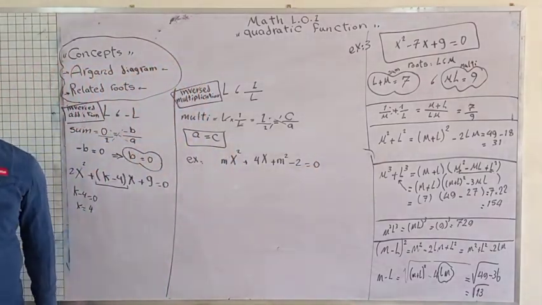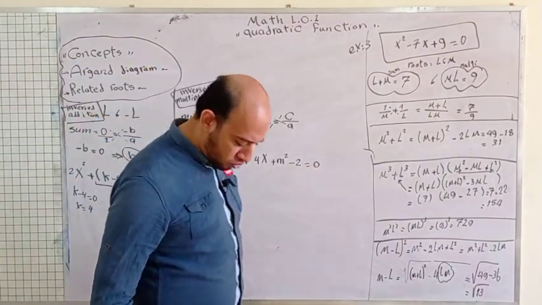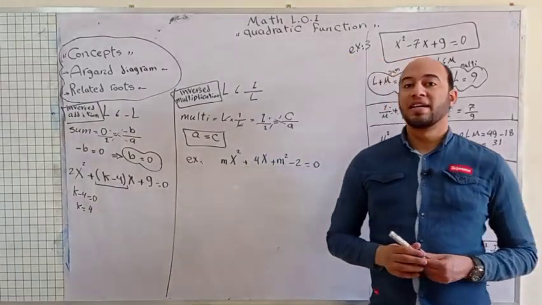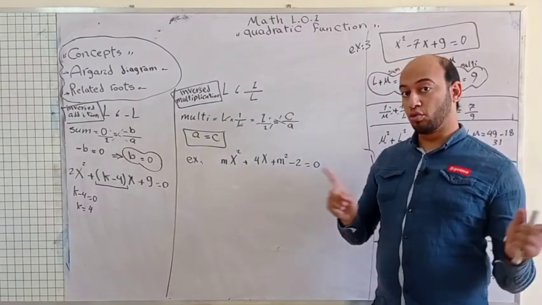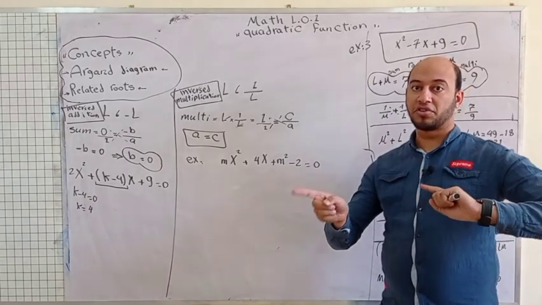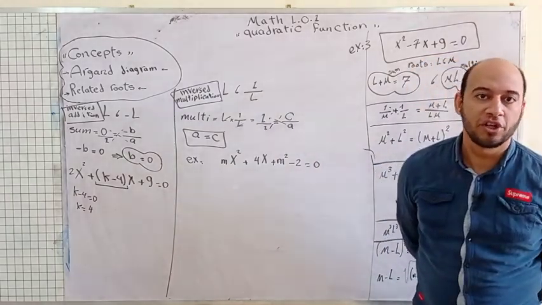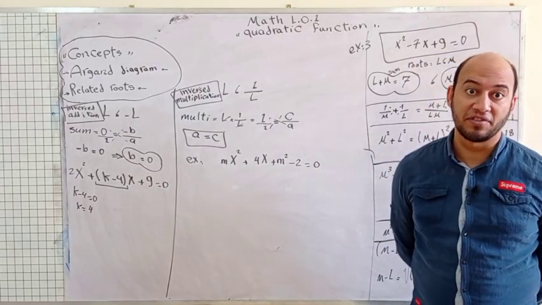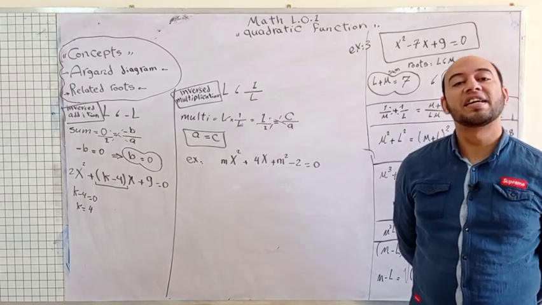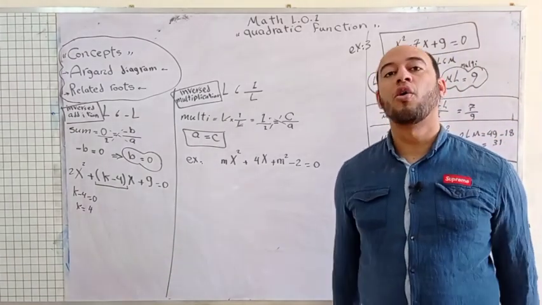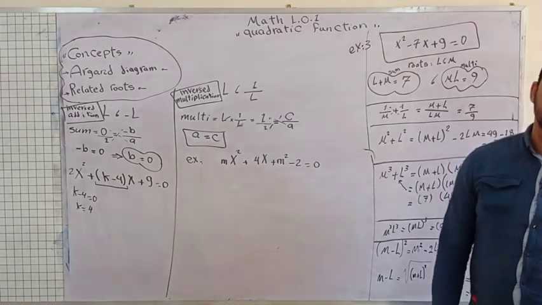This is a quadratic equation. If I told you that the two roots of this equation are inversed multiplicative to each other, now get the value or the values of m, the constant m.